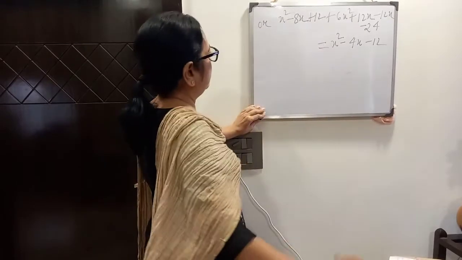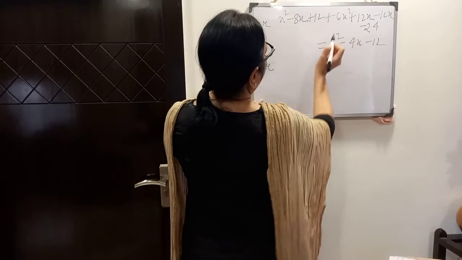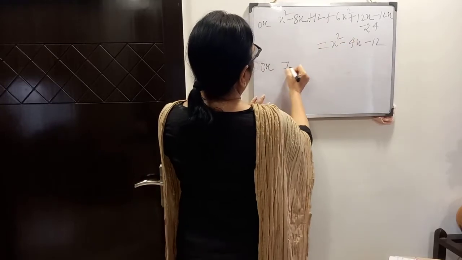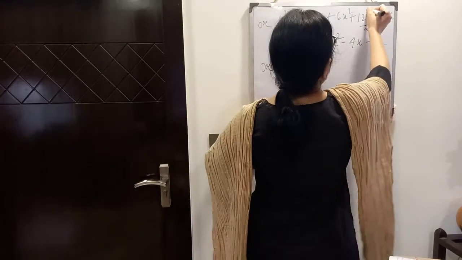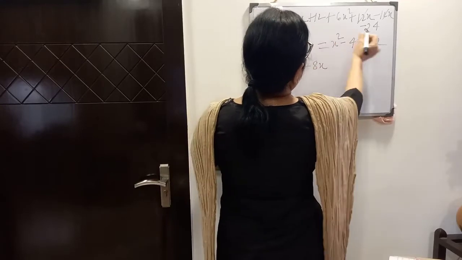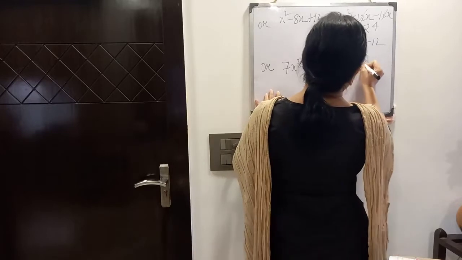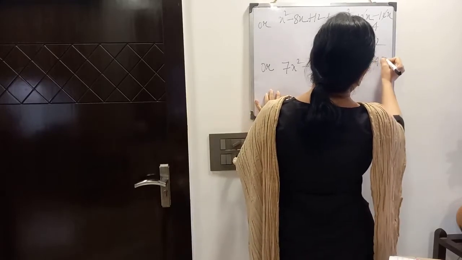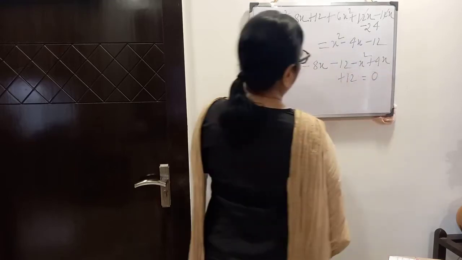Then x square plus 6x square means 7x square, minus 8x, plus 12 minus 24 minus 12. Now everything I am taking to the left hand side, plus 4x plus 12 equals to 0.